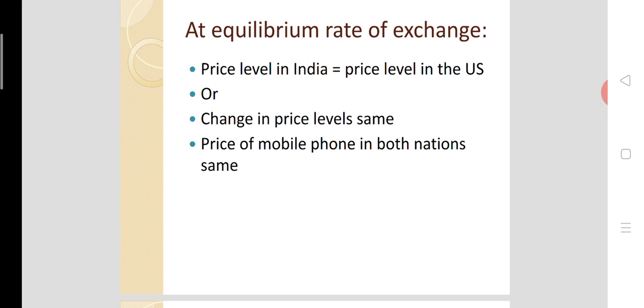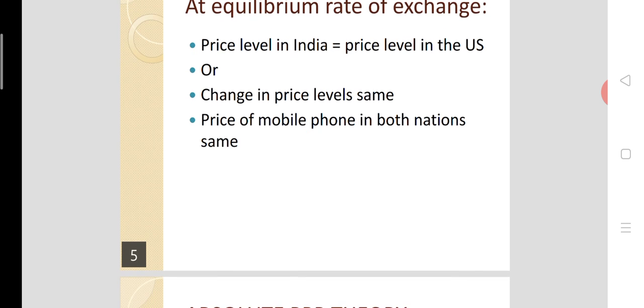The price of the mobile phone will be represented by US dollars in the United States, and by Indian rupees in India. That will not be the same monetary unit. In fact, the equilibrium rate of exchange or the law of one price doesn't mean that the two nations have the same monetary unit.